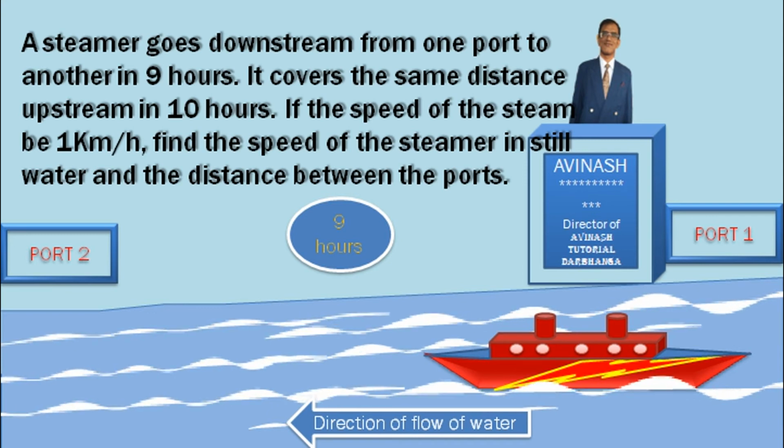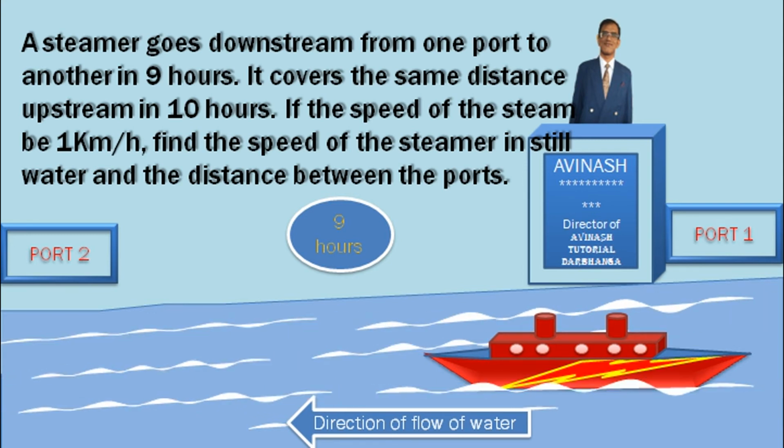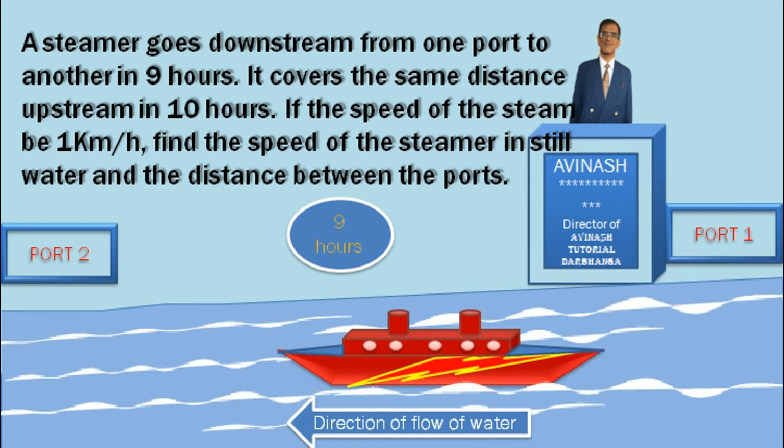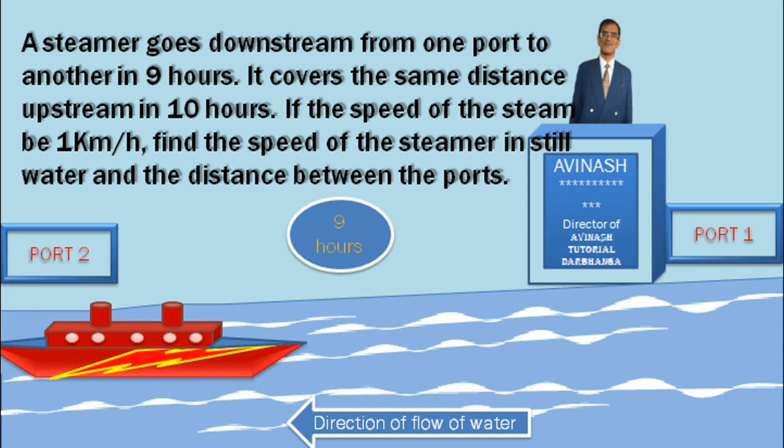A steamer goes downstream from one port to another in 9 hours. So what I have done, I have drawn two ports, port 1 and port 2, and the time taken to cover this distance by the steamer is 9 hours. And let us assume that the direction of flow of water is from port 1 to port 2.